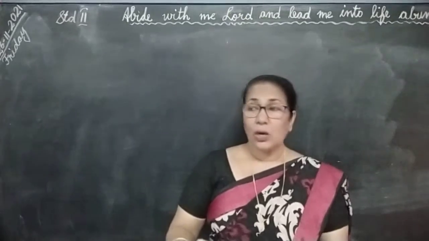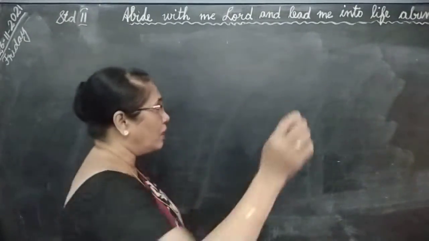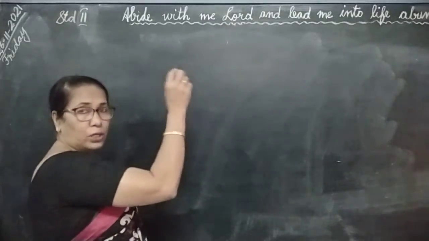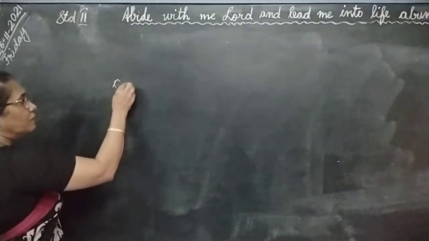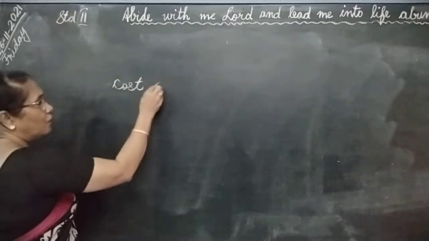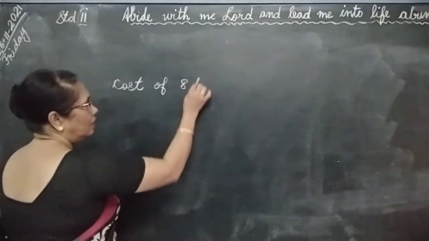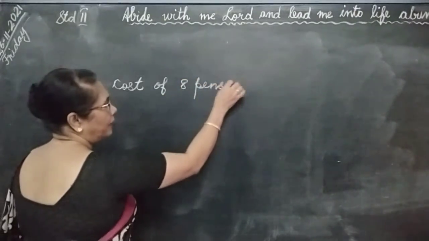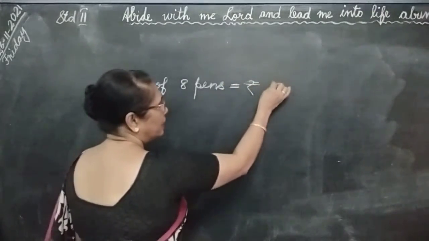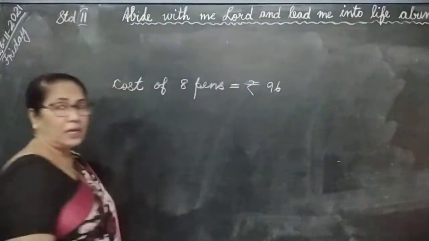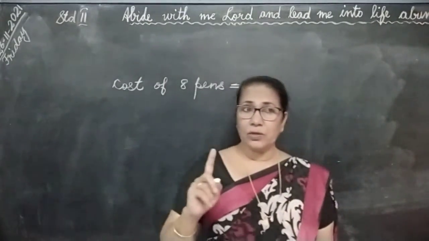So this is the word problem. First you have to write cost of 8 pens. It is already there in your book. I am just wanting to show you what is a word problem. Cost of 8 pens equals rupees 96. Now what do we have to do?